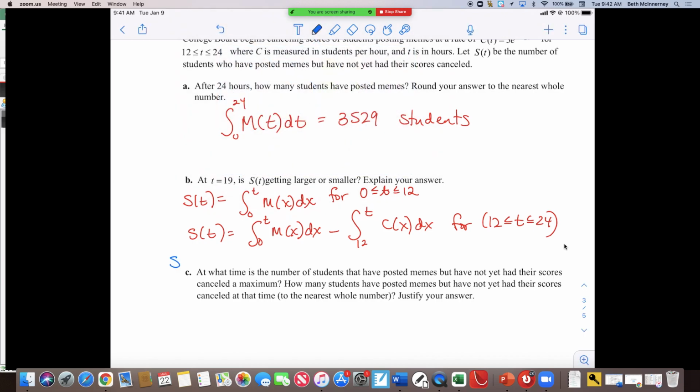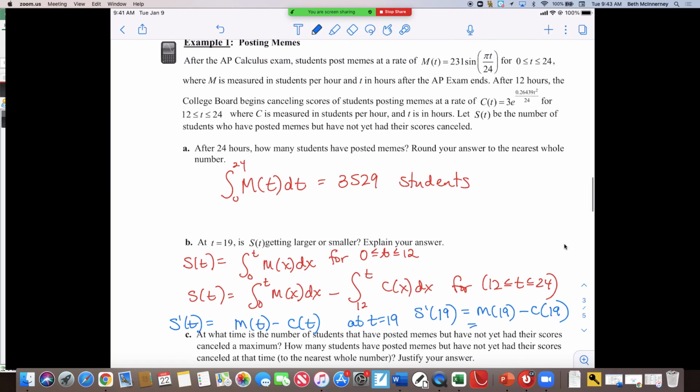So they're asking us for a rate, right? So if I want s prime of t, that's going to be m of t minus c of t. At t equals 19, s prime of 19 would equal m of 19 minus c of 19.